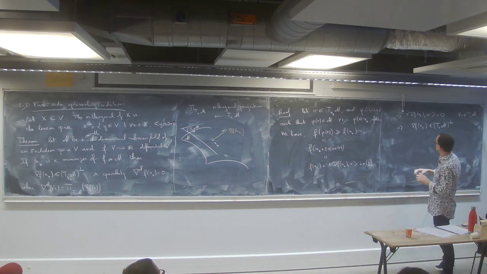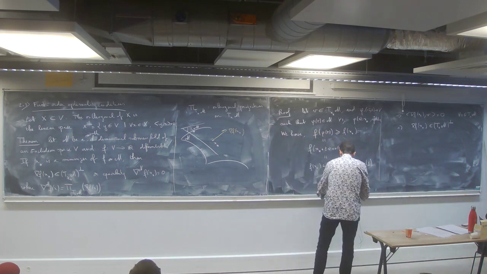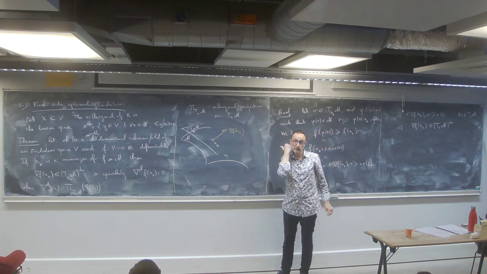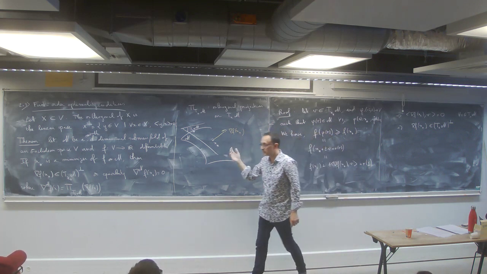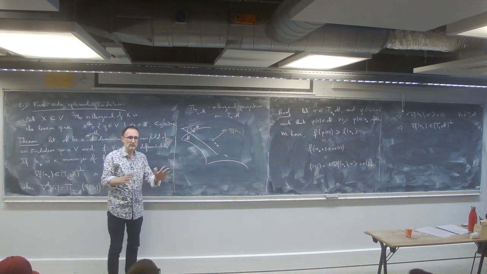Okay, so that's one. Now, what do we have to do if we want, for instance, to find the Hartree-Fock equations? Let's assume that we use the molecular orbital formulation.